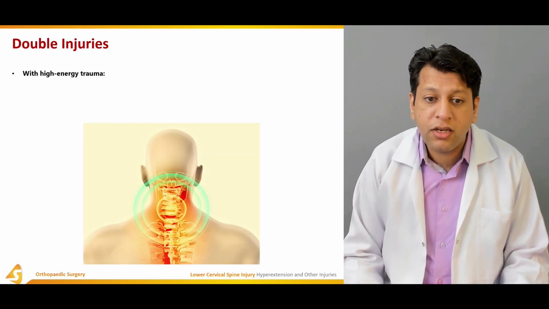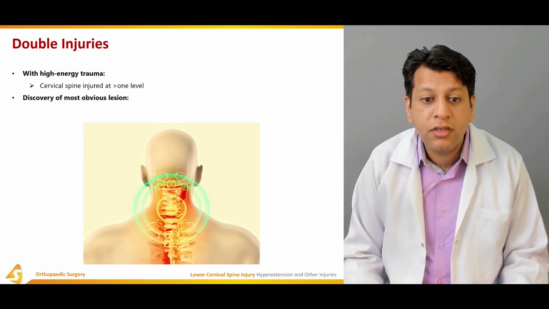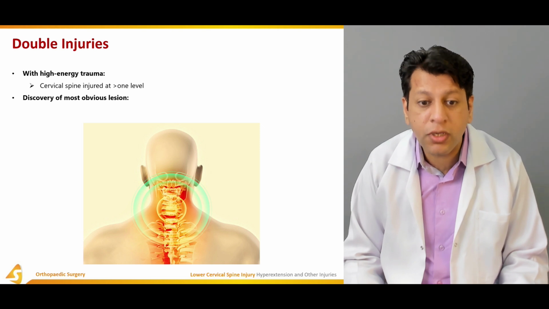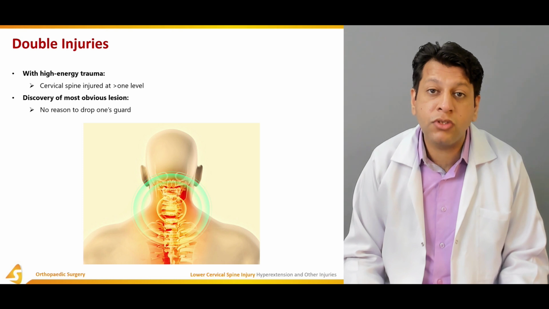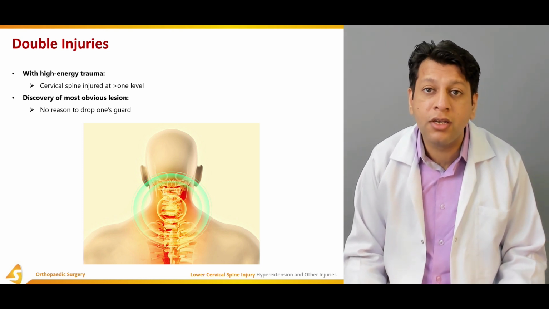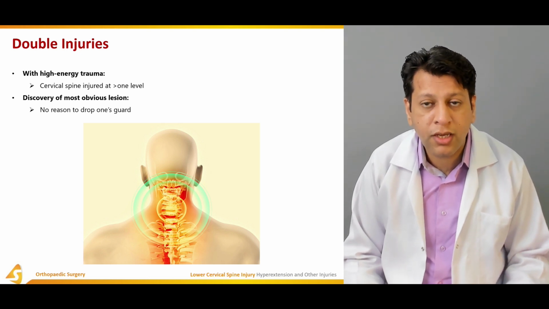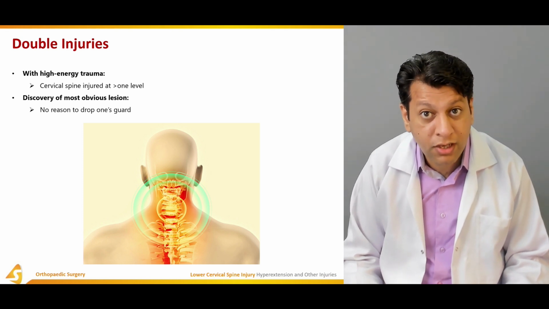Now, with high energy trauma, the cervical spine is always injured at more than one level, and discovery of the most obvious lesion is sometimes dubious. Importantly, when you see a fracture, you need to look at the cervical spine as a whole. That is, you need the X-ray right from C1, C2, C3, and then all the way to C7, as well as you need to look at the T1 X-ray as well.